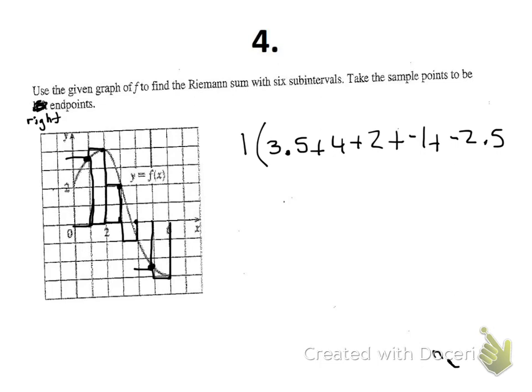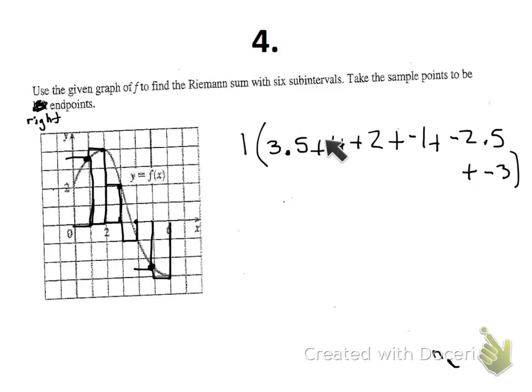Or, excuse me, not 3. Negative 3. Plus negative 3. Which, this makes sense because this curvature goes below, so that's a negative value. So we're going to get a positive minus some negatives. So we're going to add these up, multiply it by 1 so we don't even have to.